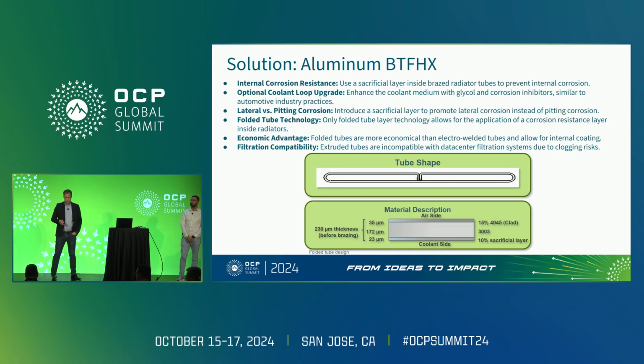It depends on the application, and for the sacrificial layer there are also different definitions. More or less, you have to keep in mind that the chemical composition of the sacrificial layer is based on zinc content, again to avoid pitting corrosion and to transfer the phenomenon into a lateral corrosion.